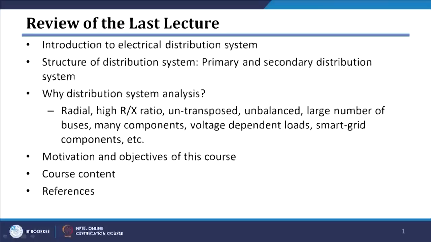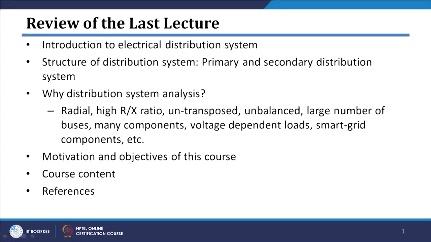We have seen that the primary distribution system ranges from 4 kV to 33 kV, most probably 11 kV. And the secondary distribution system is a 3-phase 4-wire system, where the 3-phase voltage is 400 volt and the single phase voltage is 230 volt.